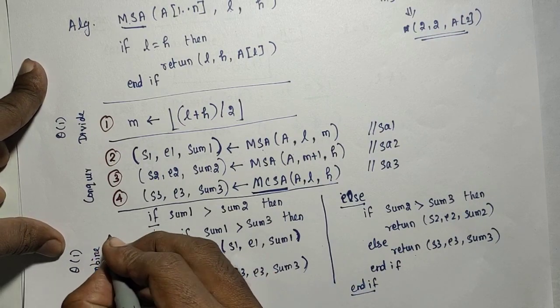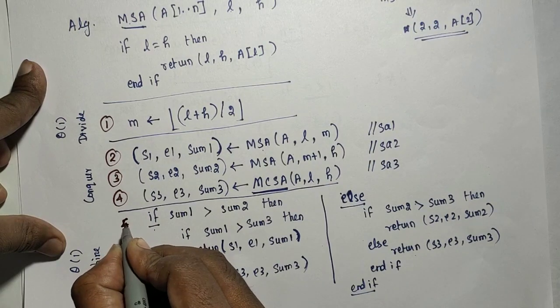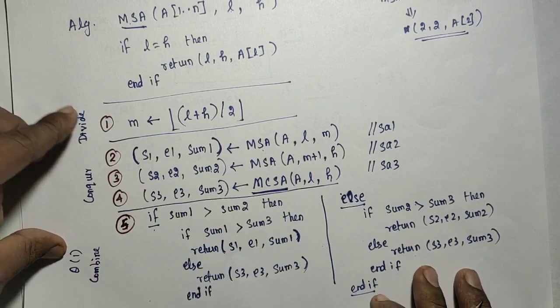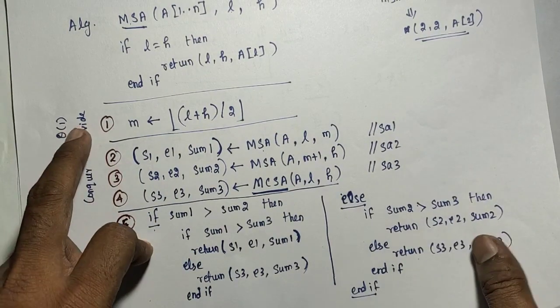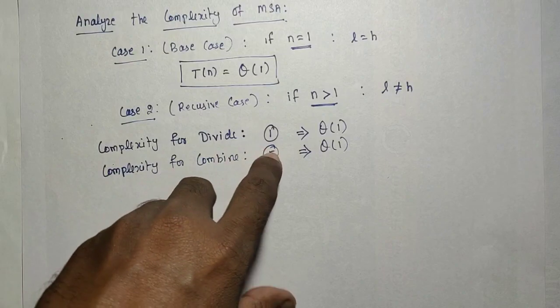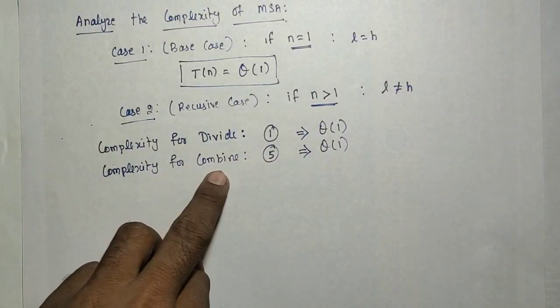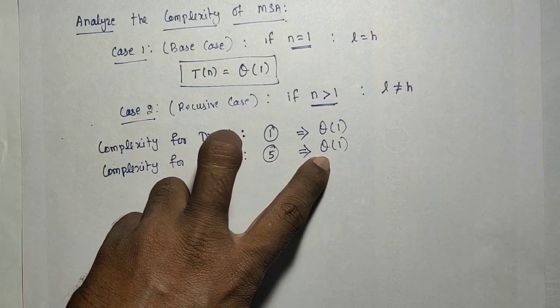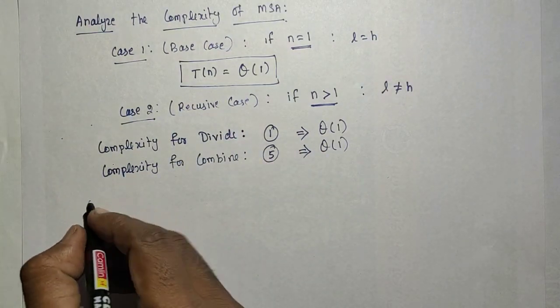So that will be considered a single step, that is 5. So 1, 2, 3, 4, 5 statements are there. The complexity for the divide is Theta of 1. The complexity for combine is the 5th statement, that is also Theta of 1. The next is the complexity for the conquer.